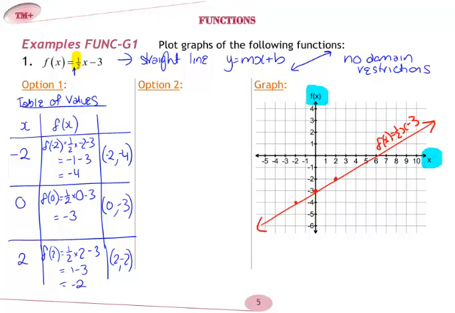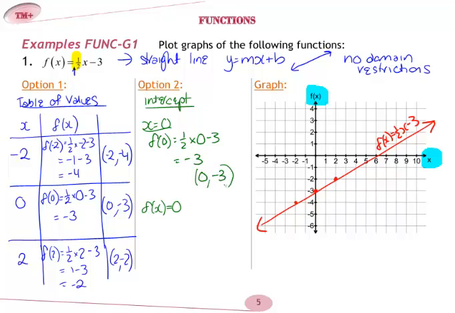Now, the second method is the intercept method, where we're finding x and y intercepts. So that's going to be x is 0 and then f of x equals 0. So when x is 0, I get f of 0 is a half times 0 minus 3, which is simply -3. So that's my first point. When f of x is 0, I get 0 is a half x minus 3.